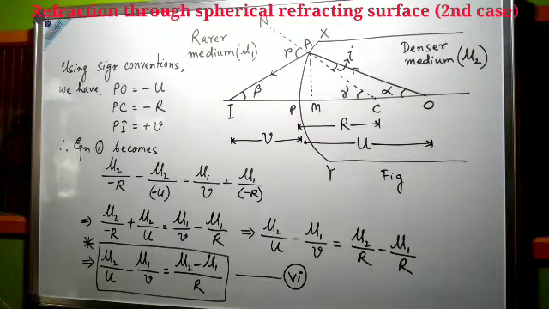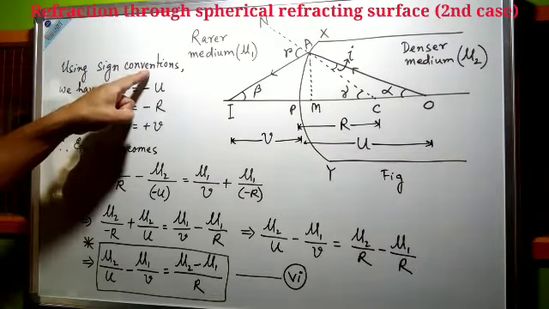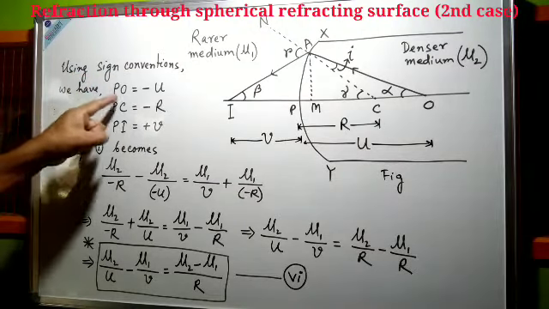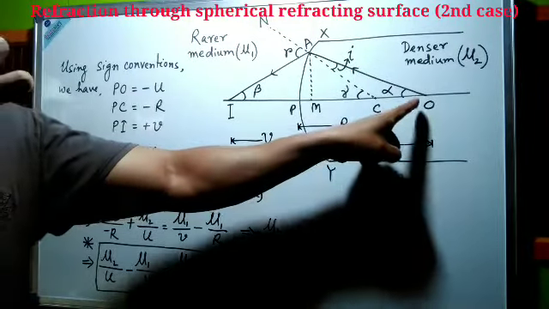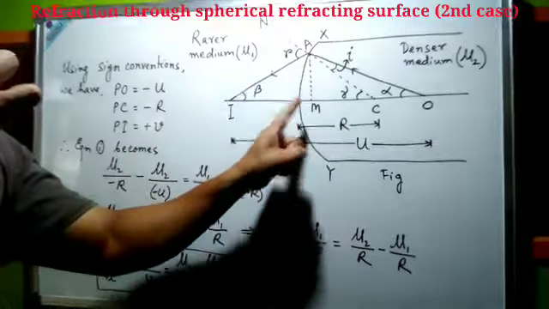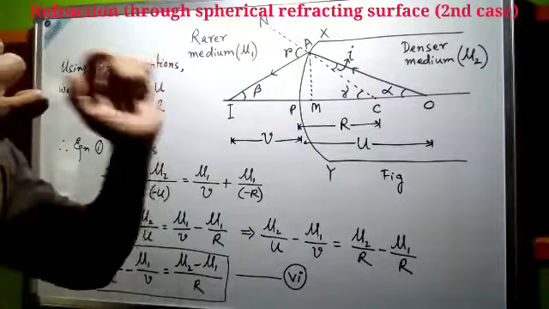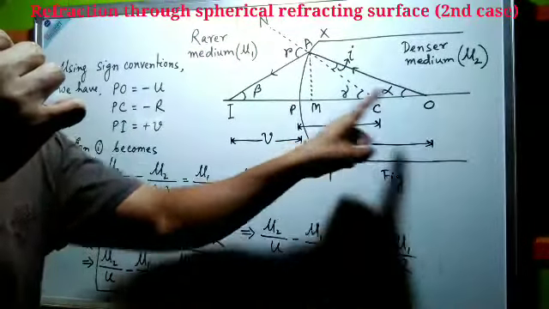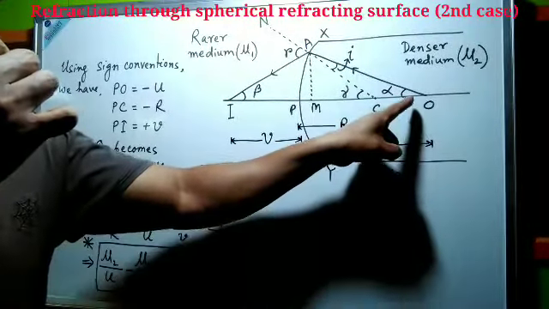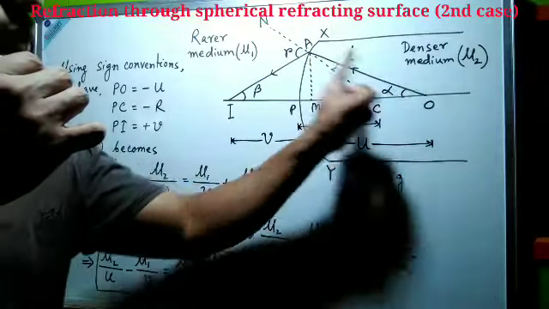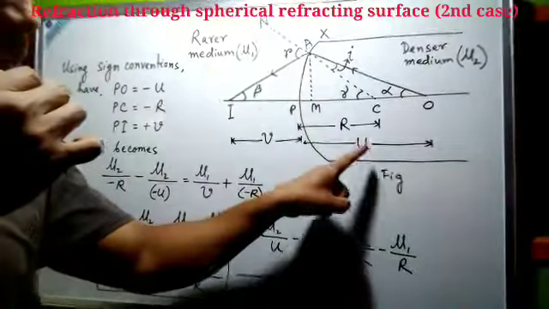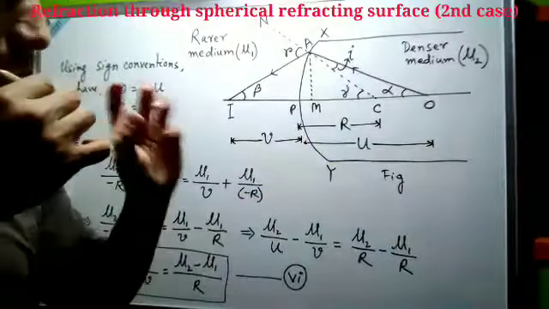Now we have to use sign conventions. So PO represents object distance, that is distance of object from the pole. So the direction of measurement of object distance, that is from P to O, is against the direction of incident light ray, that is OA. So this u, object distance, should be negative.